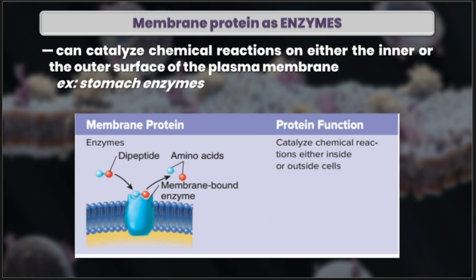They can be involved in different processes, for example, signal transduction, metabolism. Also, they could be involved in the breaking down of specific substrates. Again, membrane-associated enzymes will catalyze chemical reactions either inside or outside the cell.